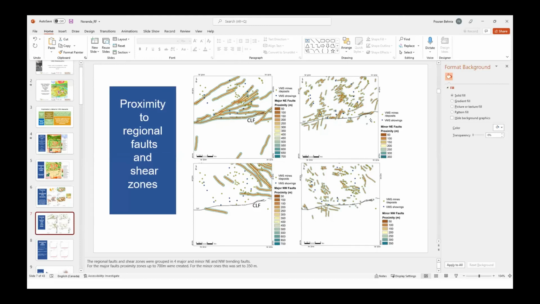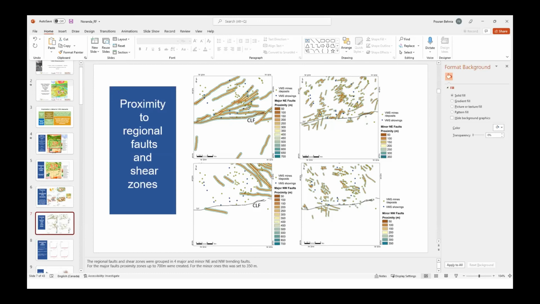So you look at the occurrences of base metal and the orientation of the fault. Yeah, this was based on the VMS mineral deposit model we created at first, on which criteria could be important in the model.